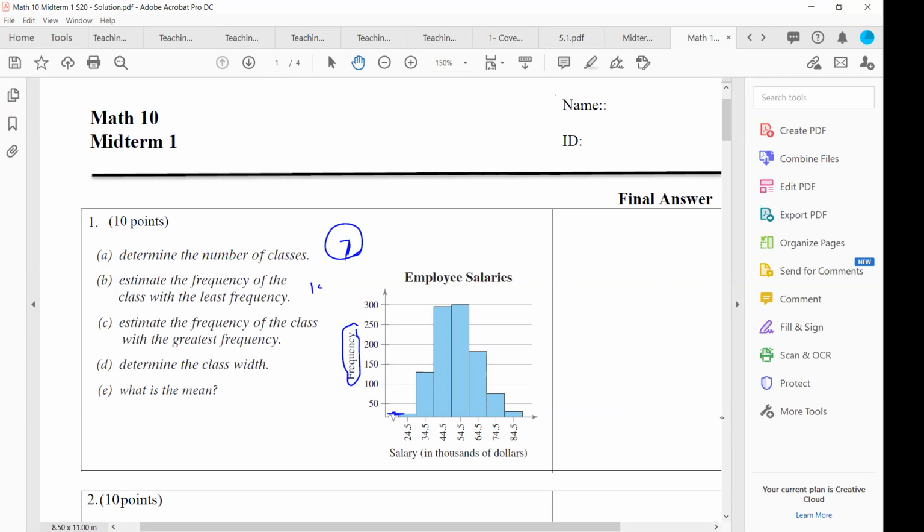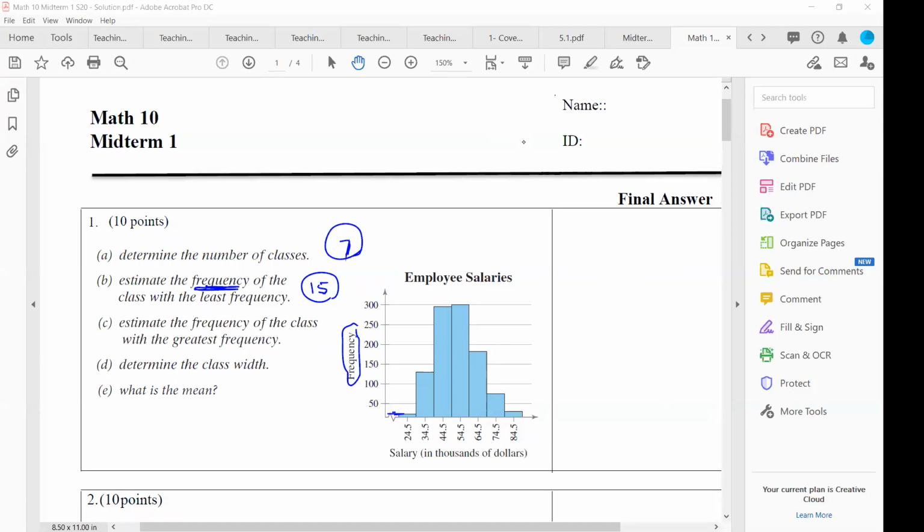Best estimation, best approximation. You don't have an exact value, just estimate. The frequency is on the vertical axis and it is roughly 15.